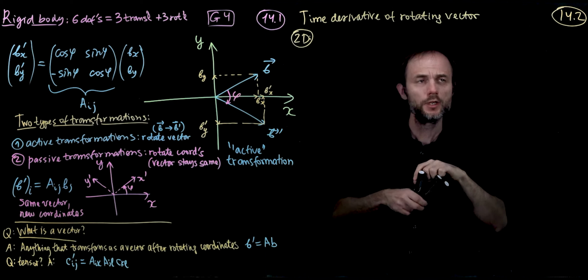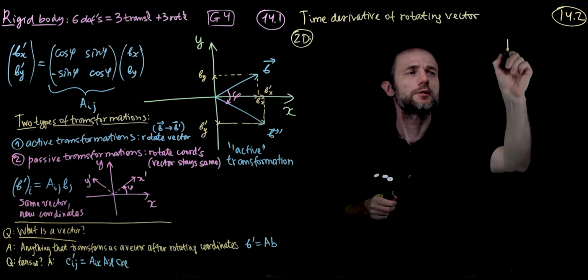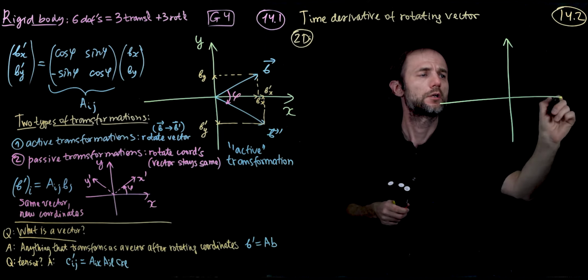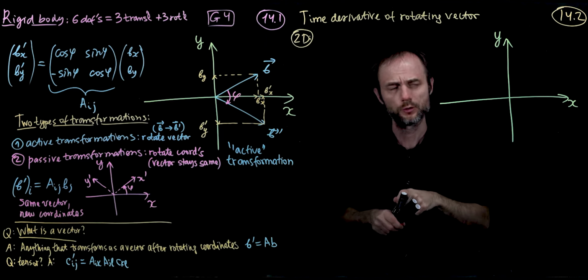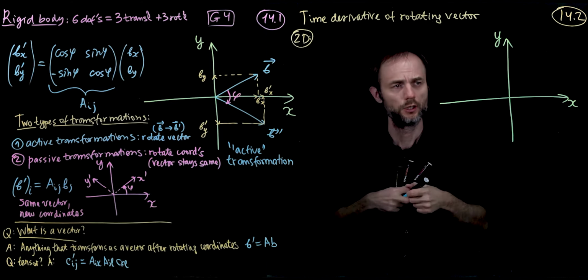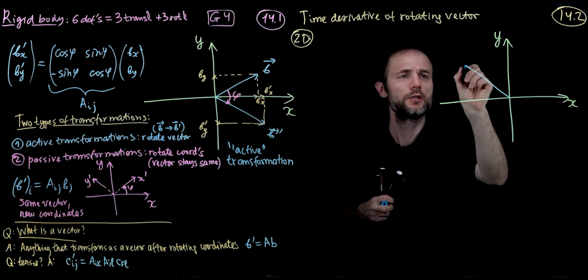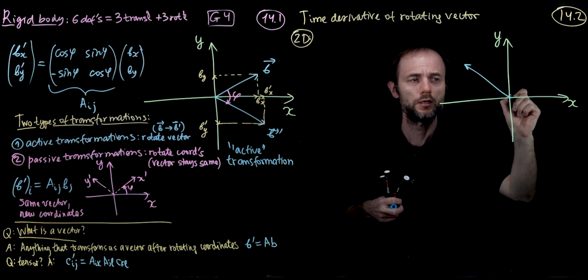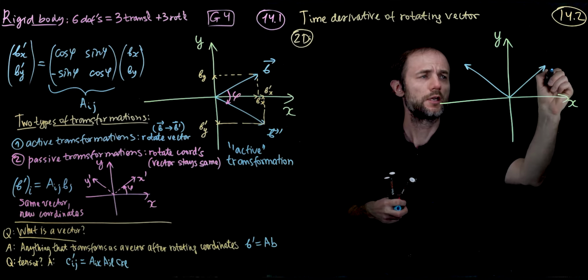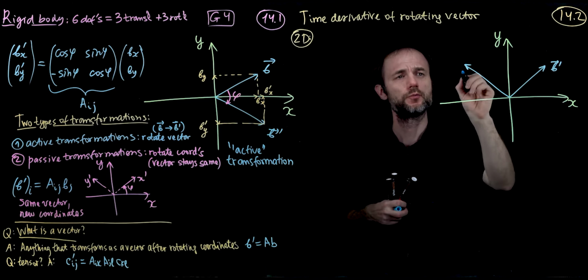So suppose that we have our coordinates x and y, and we would like to rotate vector b. So this is our vector b, and it is rotating, and say we will denote its starting position as b prime.